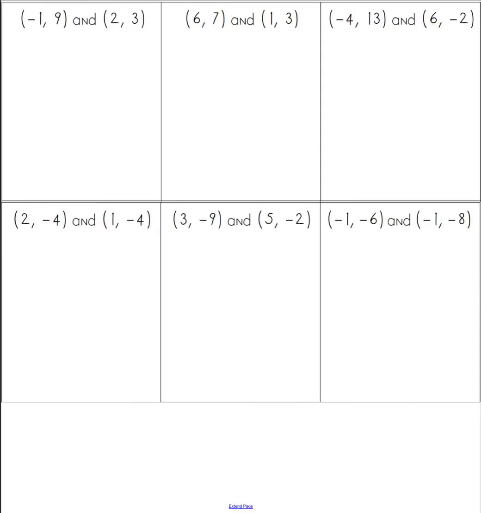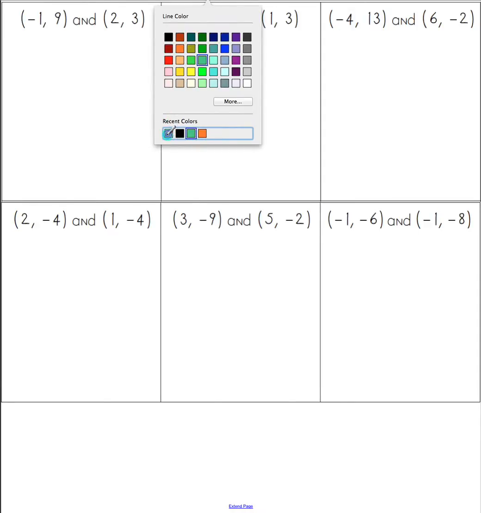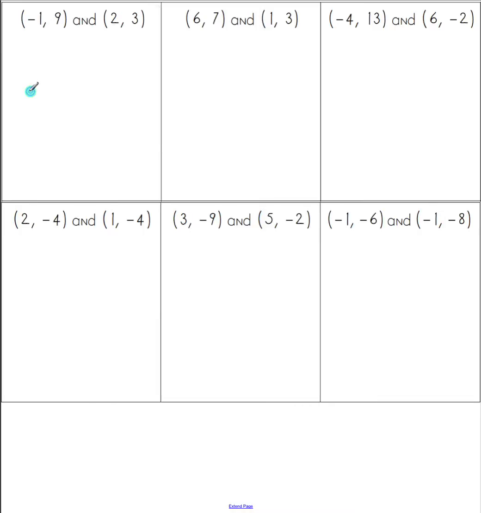Okay, so I'm just going to tell you the answers to these. So if you have questions on what your answer is or the answer that I got, then make sure that you ask questions on how I got the slope that I did. So on this one, you should have gotten a slope of negative 2. You can also write this as negative 2 over 1. Either would work.